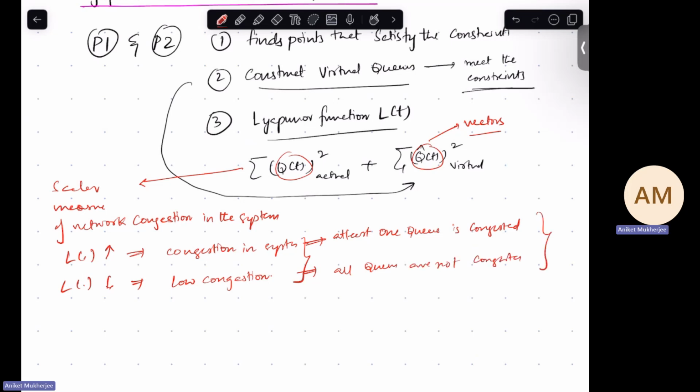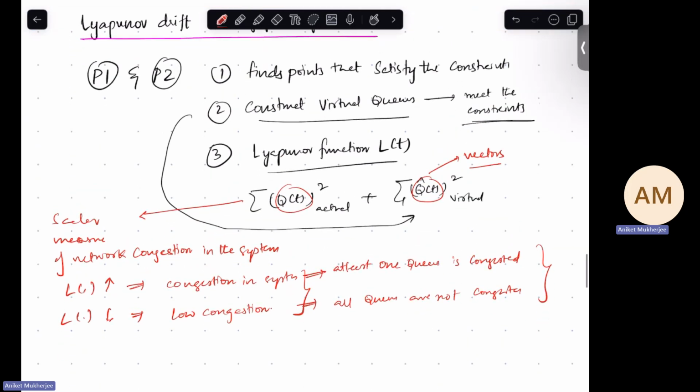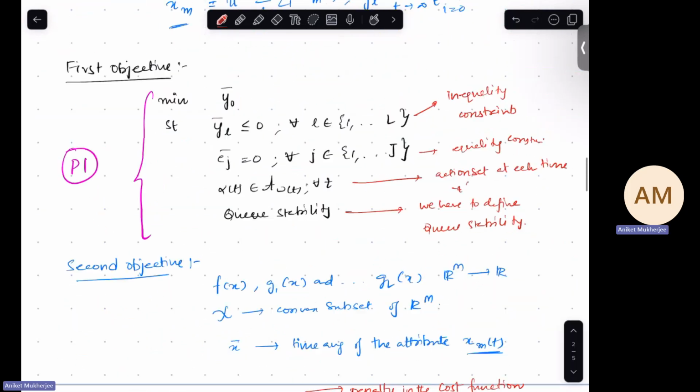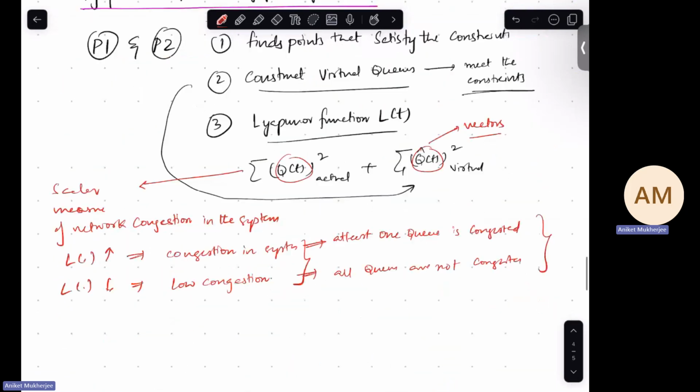We'll come back to what the implications are, depending on the value of L, later. But I'm just giving the steps of how you do a Lyapunov drift or Lyapunov optimization given these general stochastic optimization problems of P1 and P2.